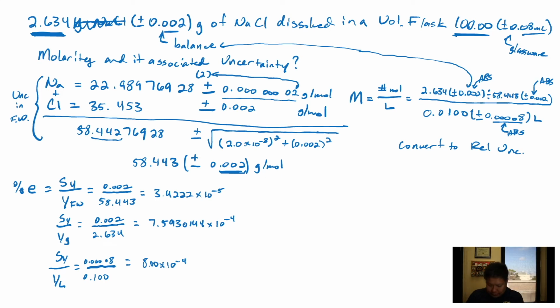Okay, so those are actually the values of the relative uncertainty, but they're not in percentage yet. How do you make them percentages? You just multiply them by 100, because percentages are a decimal multiplied by 100. So for this one it would be 0.0034%.